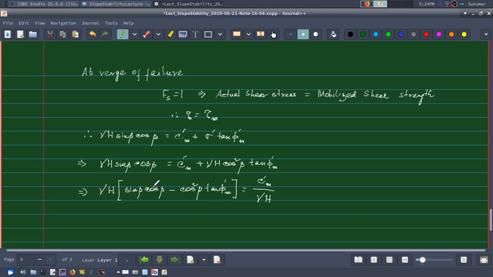Now I can multiply this term by a cosine term and then again divide it, so that I can take cos square beta common. In that case, this gamma h I have already written here, this is wrong.